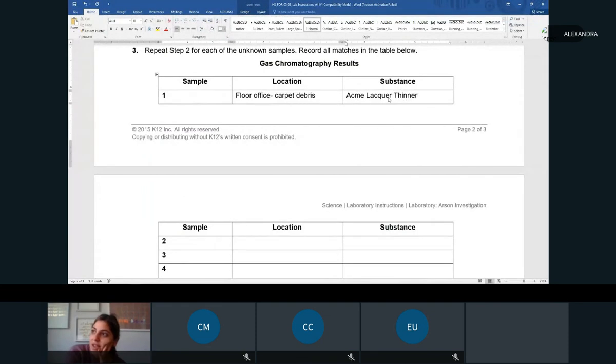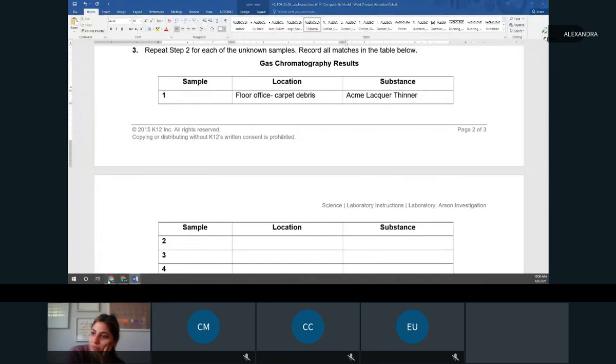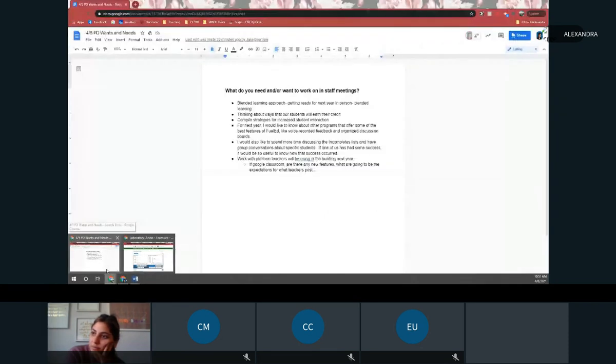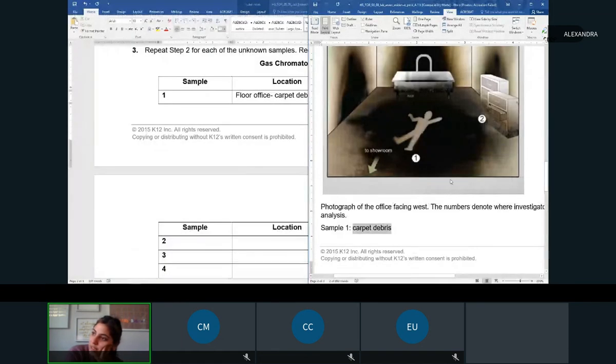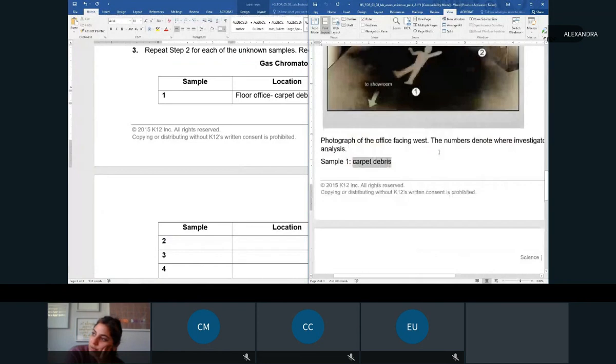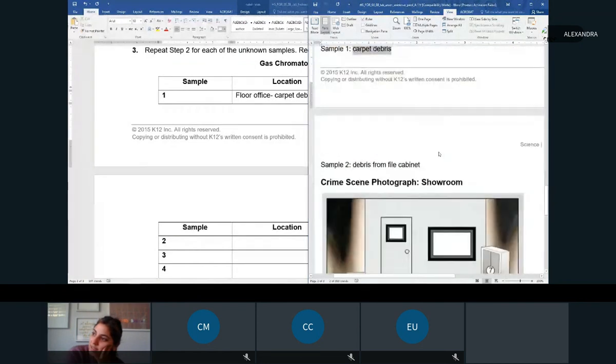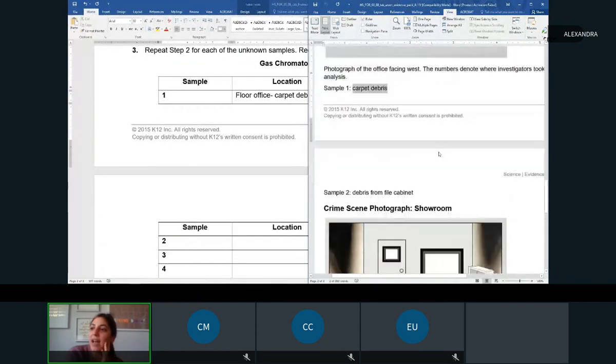Okay, so let's go ahead and go to sample 2. So sample 2 is what? File cabinet debris, right?